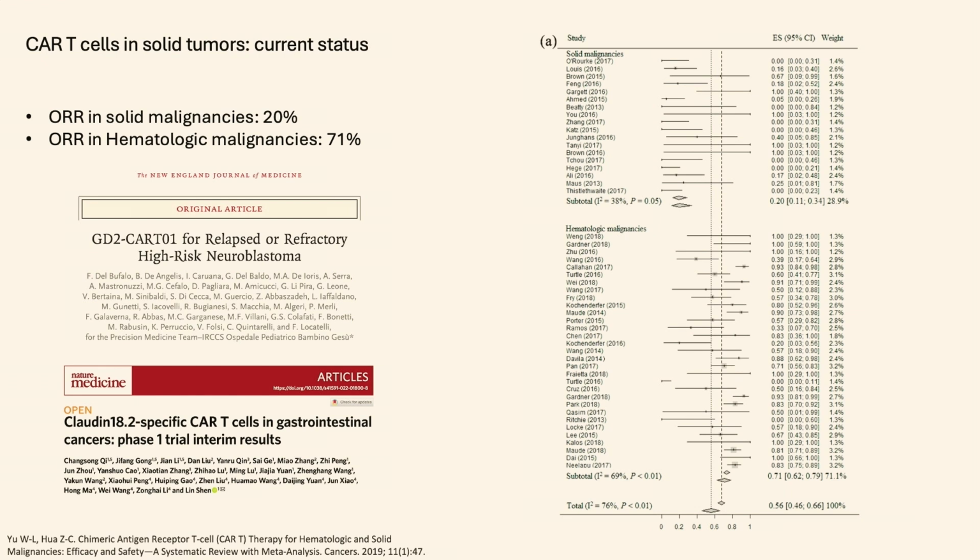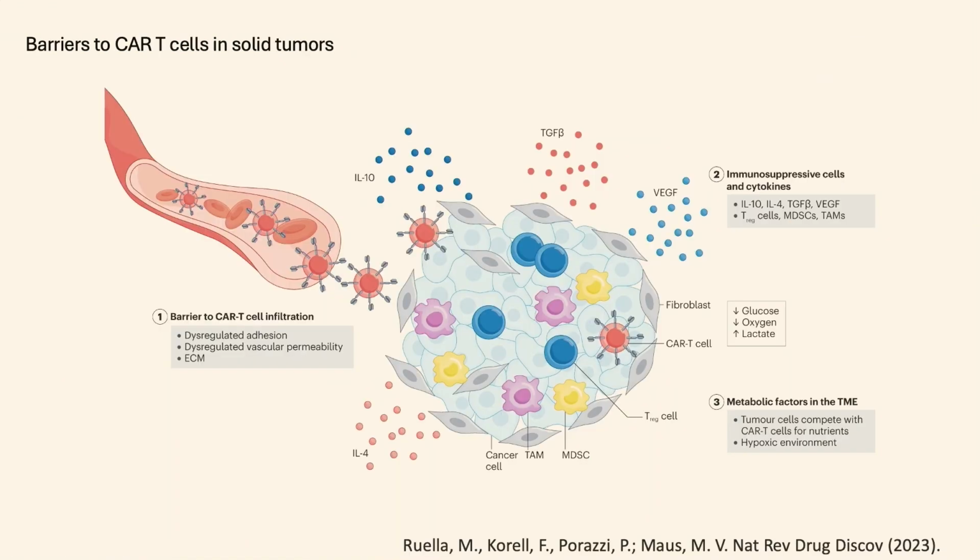But what is the issue when utilizing CAR T cells and targeting solid tumors? I would say for hematologic malignancies, the barriers are much fewer, in that you can get direct contact between the CAR T cells and the malignant cells without many barriers, while in solid tumors, you have to overcome several barriers, including barriers for infiltration, because you have dysregulated adhesion molecules in the blood vessels feeding the tumor, and you have the extracellular matrix that the cells need to penetrate.